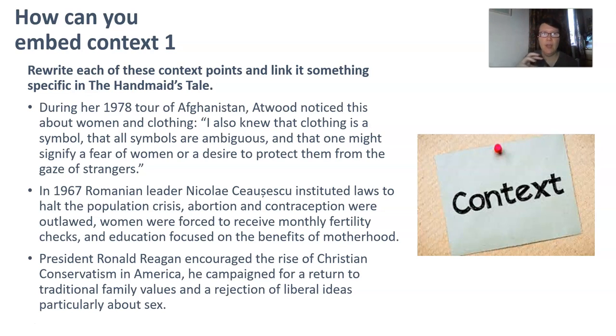So again, pause the video and then come back and I'm going to show you how you can embed your context into your academic writing. And then the final slide that I've got for you is a few actual sentence starters that you could use for context to get you on your way.